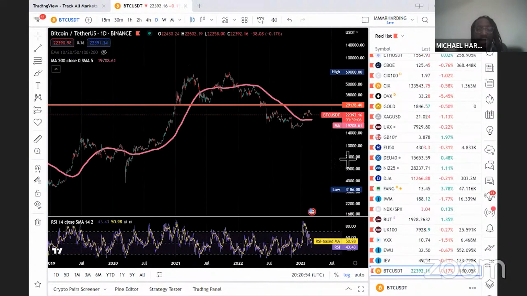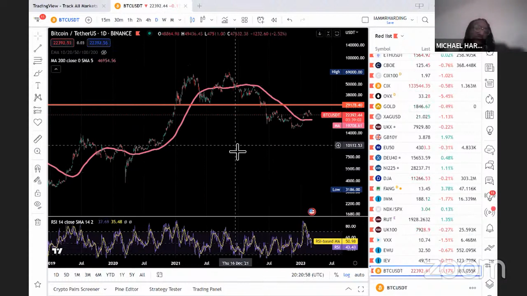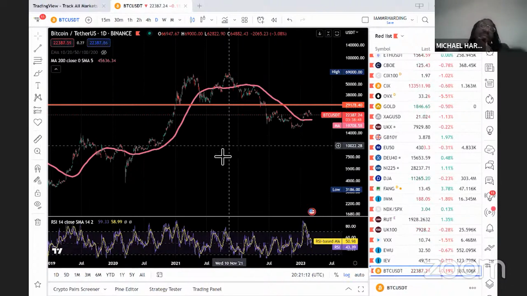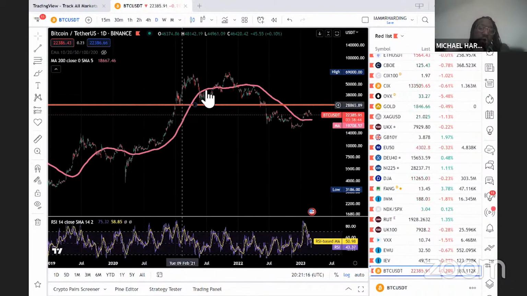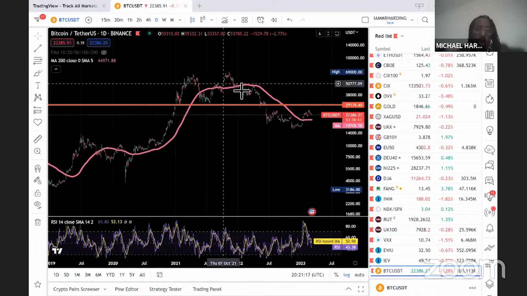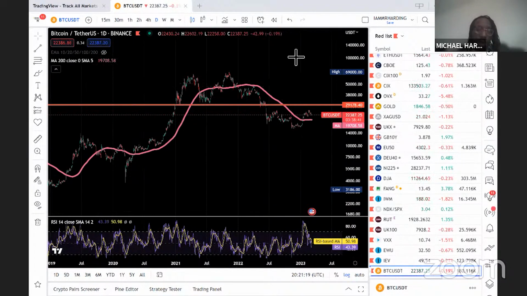So there's actually a stat about the 200-day, and it only works on a long-term basis though. If you only invested when the markets were above the 200-day, and you sold every time it was below the 200-day, then you'd actually make more than just traditional dollar cost averaging.